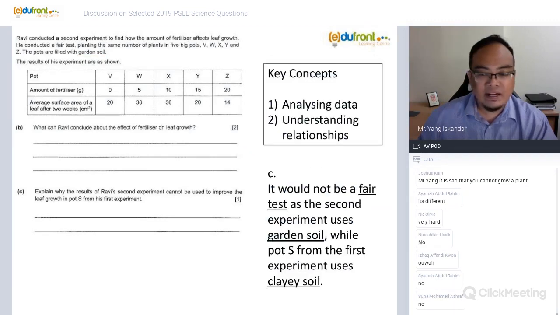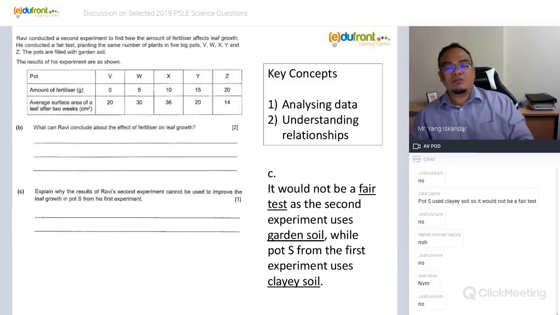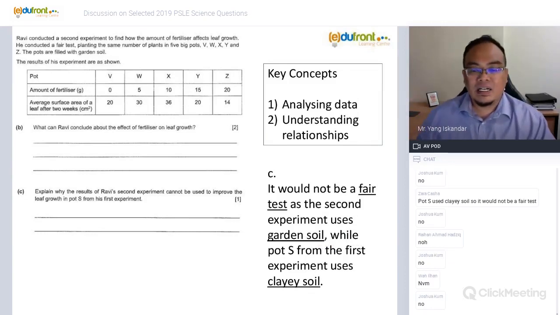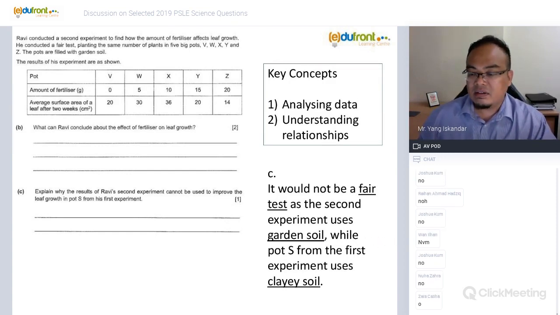It will not be a fair test. Why? In the second experiment, it uses garden soil, while pot S from the first experiment uses clay soil. So you cannot compare the result when you use different types of soil. This part is not so bad. Class, ready?